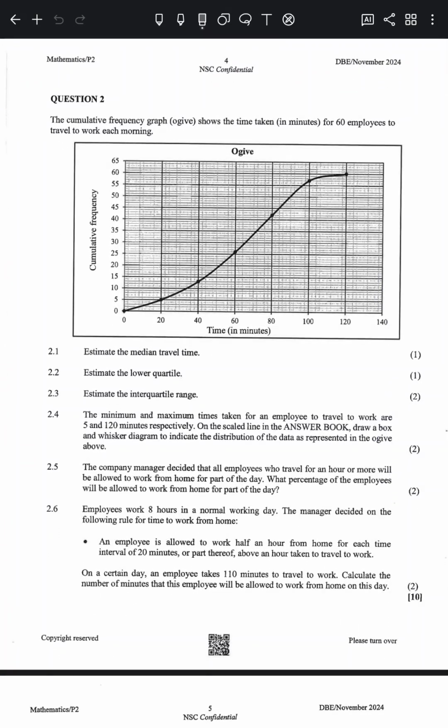Therefore, now we've got number 2. If you can check in question number 2, this is basically grade 11 work, wherein they give you the data, and then they say that you need to find the median, the lower quartile, the interquartile range, and then remember, for you to do that, you get the position, and then after that you will get those things.